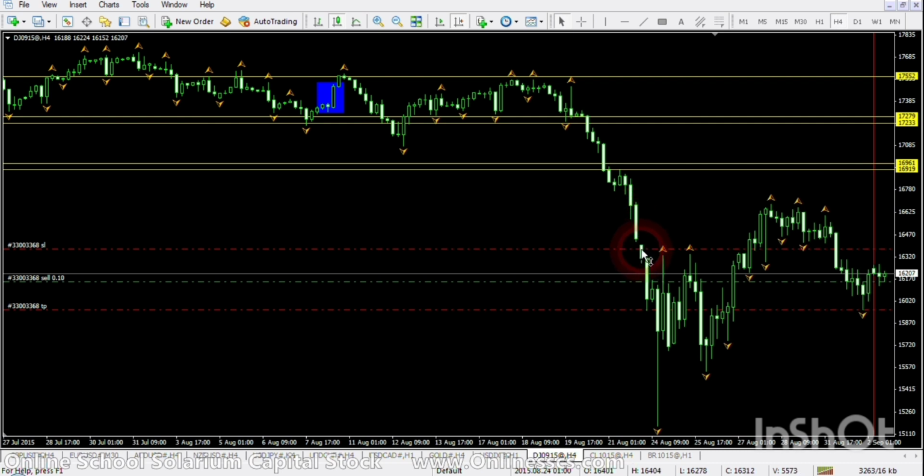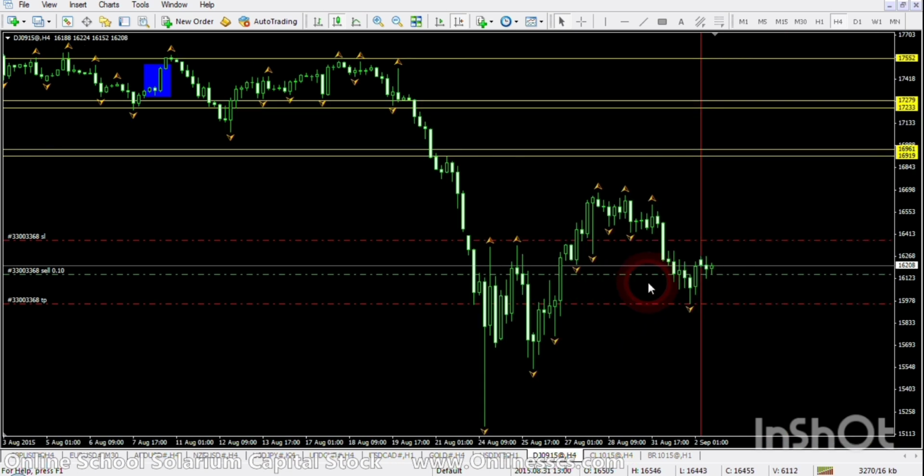When there's something like this, you can easily open your sell position and profit. Or here, I have a bearish candle, and I could get my sell position and make up for my losses. There's a reversal for me here. Okay.